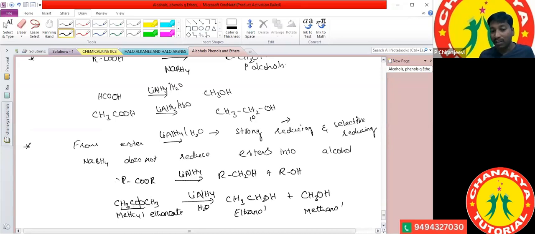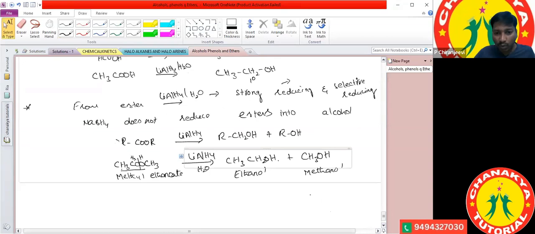If you divide exactly here, on this side we add hydrogens to form the CH3CH2OH group, and on that side, if you add 1 hydrogen atom, it is converted into CH3OH.